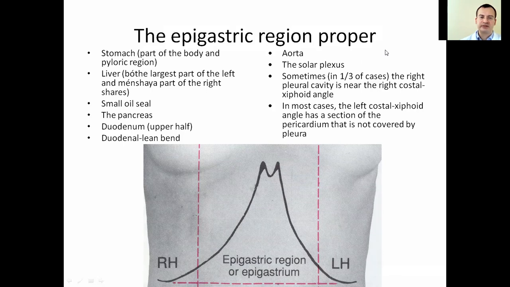Sometimes, in one third of cases, the right pleural cavity is near the right costoxiphoid angle. In most cases, the left costoxiphoid angle has a section of the pericardium that is not covered by pleura.